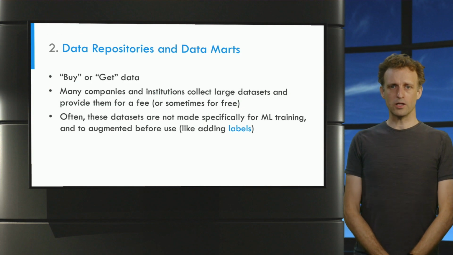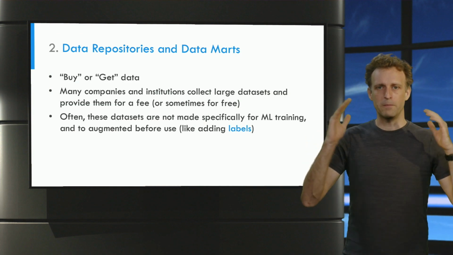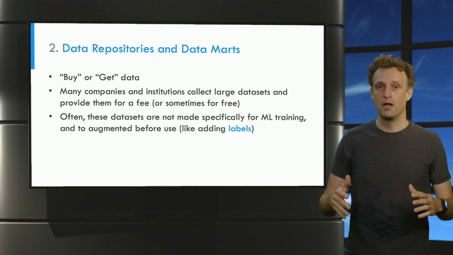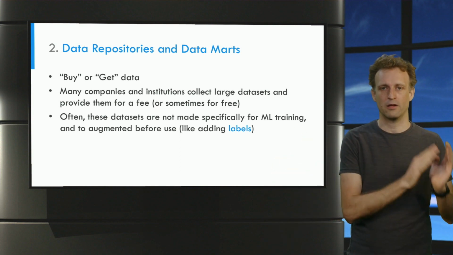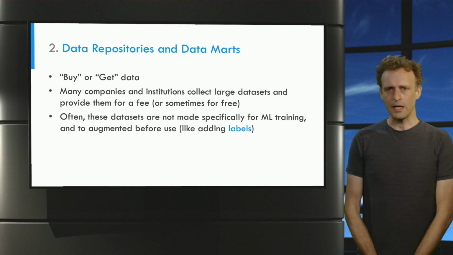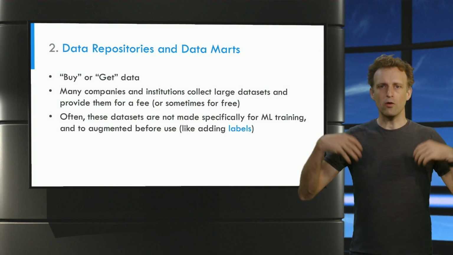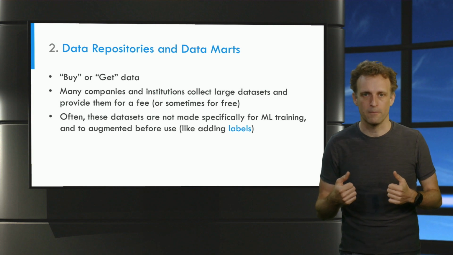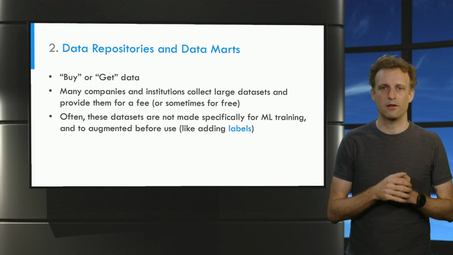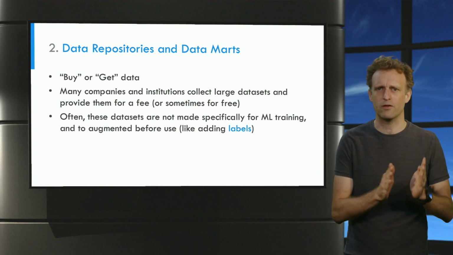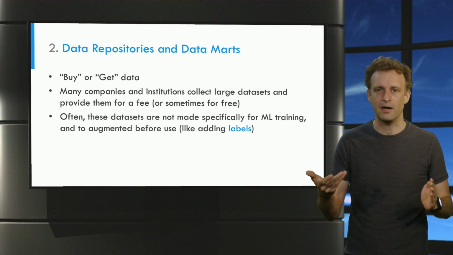The second approach is to extract data from repositories and data marts and make your own training and testing data from them. Such repositories are often commercially offered by multiple companies, but also by many government institutions. However, these datasets are typically not specifically made with machine learning training data in mind.